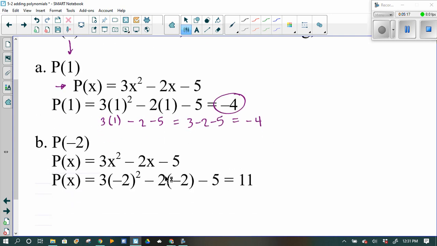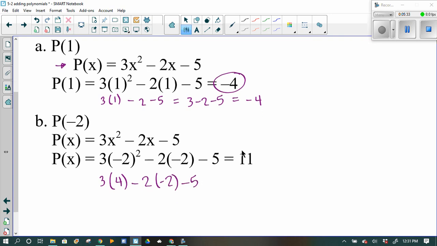Now, if I do the same thing and everywhere I see an x, I plug in negative 2, I'm going to get 3 times negative 2 squared, which is 4, minus 2 times negative 2, minus 5. And they're telling us the answer is 11. I'm going to show you why. 3 times 4 is 12.